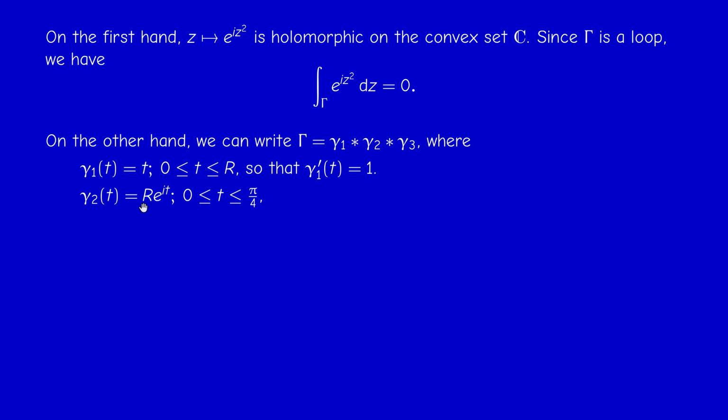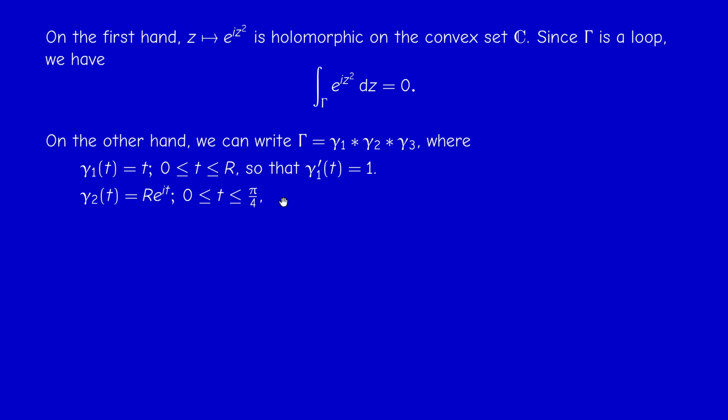These two are really fundamental to know: the parameterization of a straight line segment joining 2 points, and the parameterization of an arc of a circle. If I had half of a circle, I would have t between 0 and pi. If I had to integrate along the full circle, then t would be between 0 and 2 pi.